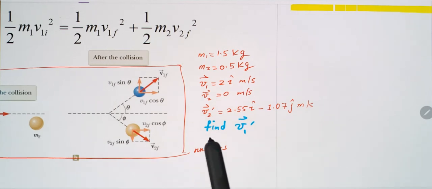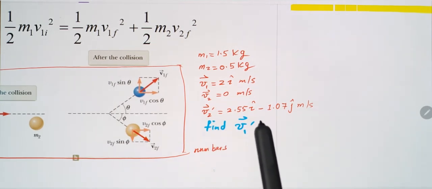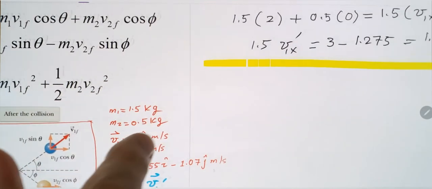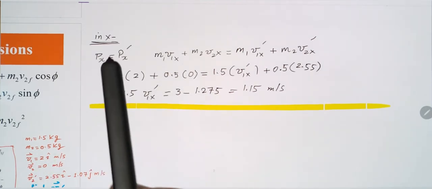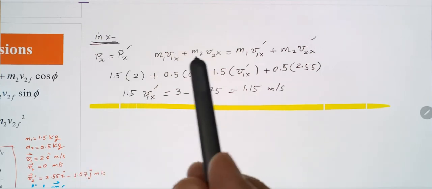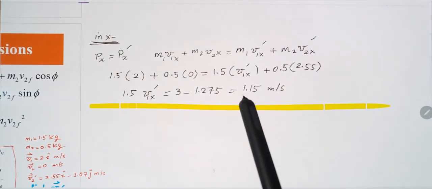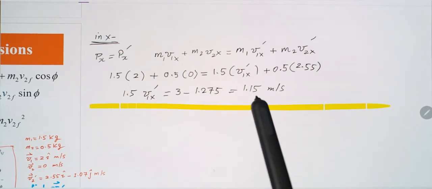I ask you what is the velocity of the first object after the collision. And we said momentum is conserved in the x-axis, and based on that we find the x component of V1 prime.